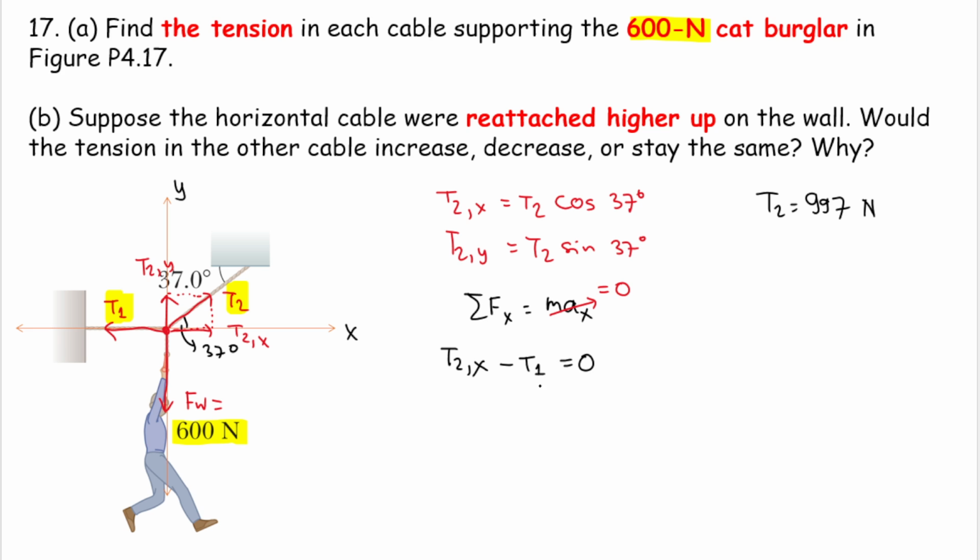Good. And now T1 is equal to T2,x. We already know that T2,x is T2 cosine of 37 degrees, and we know T2 is 997. So I have 997 cosine of 37 degrees, and nothing we can do except plug this into the calculator.